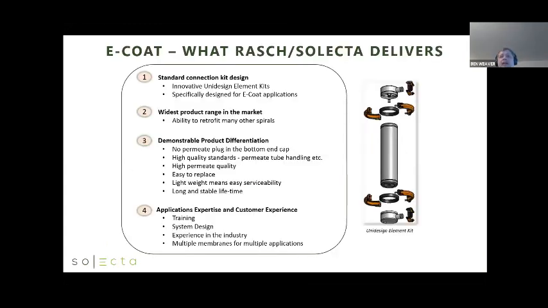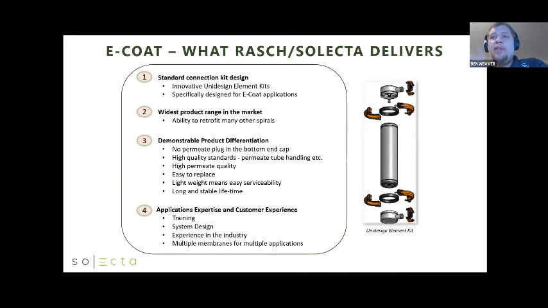Taking total cost of ownership and tying it back to what Rasch and Solecta deliver, we're delivering the products to make these solutions possible. But it's not just about the product, it's about tying the product to the application expertise that Rasch and Solecta can provide.